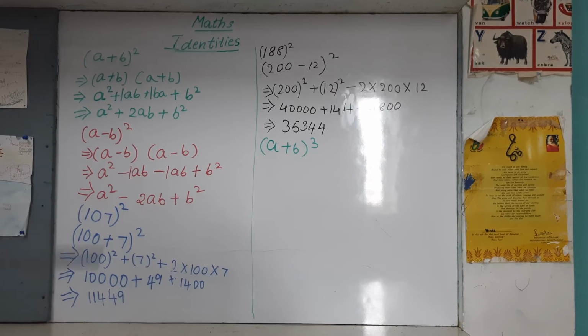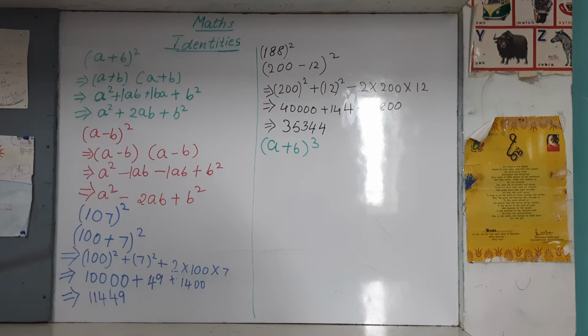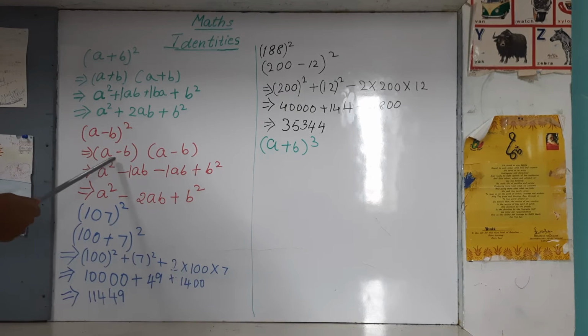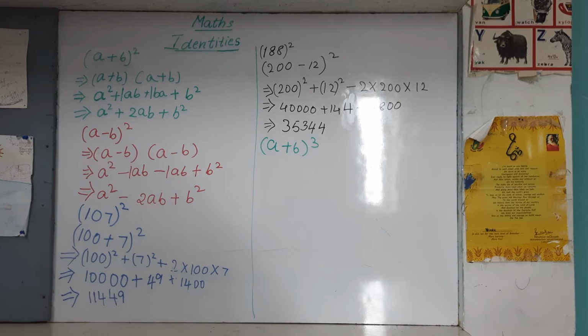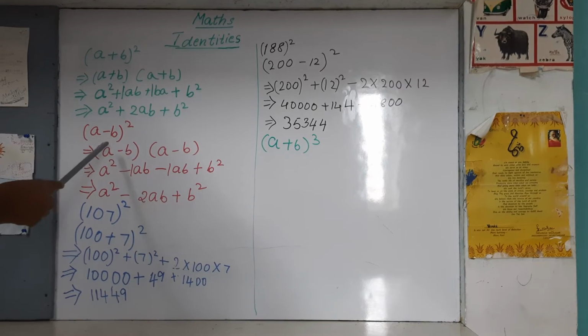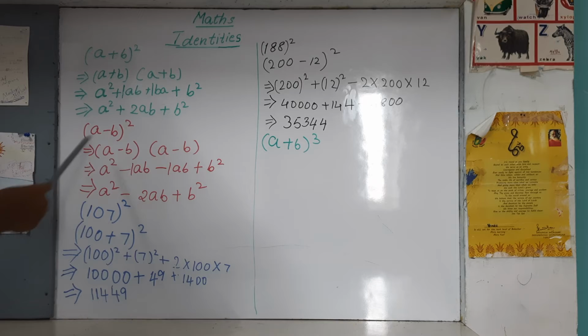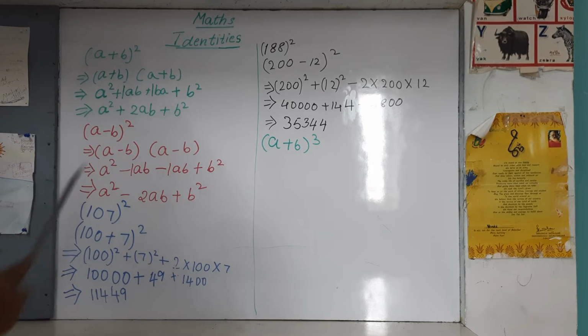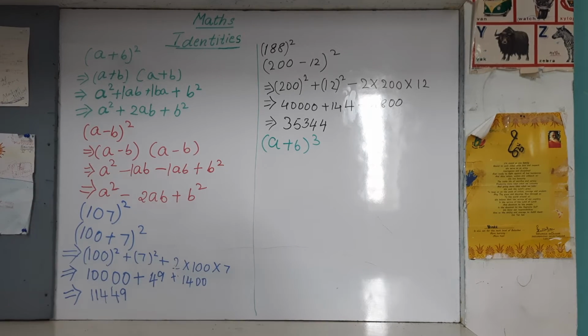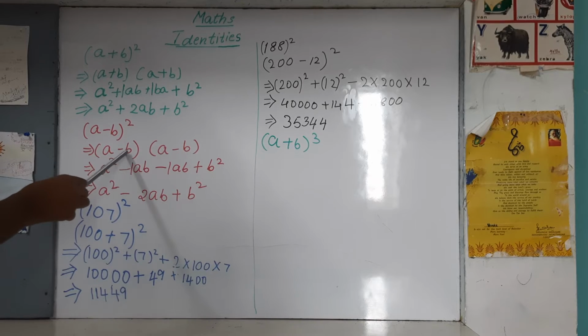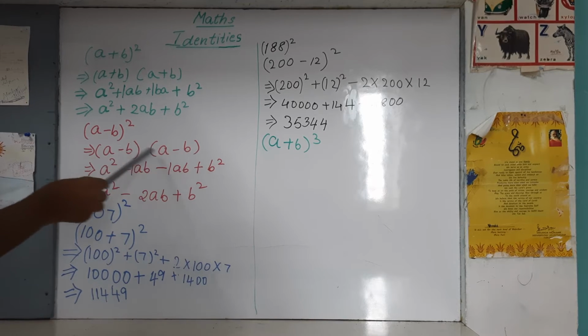Now let us see (a minus b) whole square. For (a minus b) whole square, it is (a minus b) into (a minus b). First we multiply a into a, which is a square. a into minus b is minus 1ab. Next we multiply this b with each term.